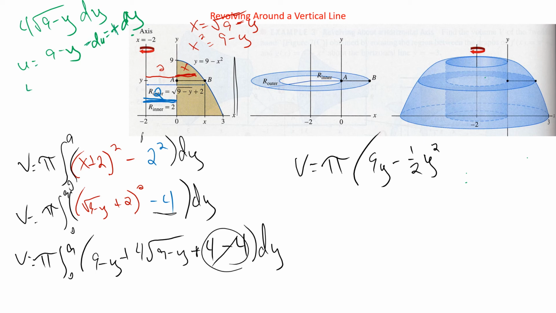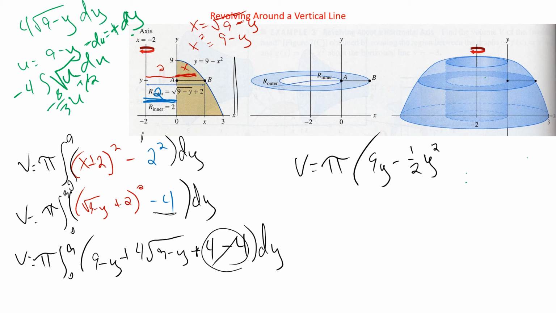So this will be 4 times the antiderivative of u to the 1/2 du, and then we need the negative. That's u to the 1/2, which becomes u to the 3/2. Flip it, so that'll be times 2/3. So that'll be negative 8/3 u to the 3/2.